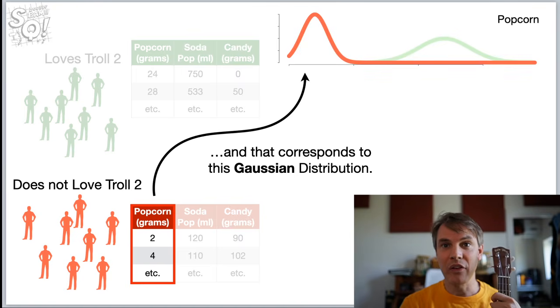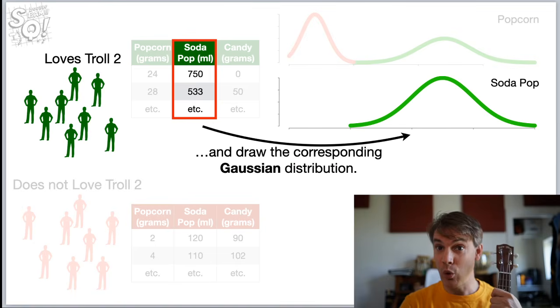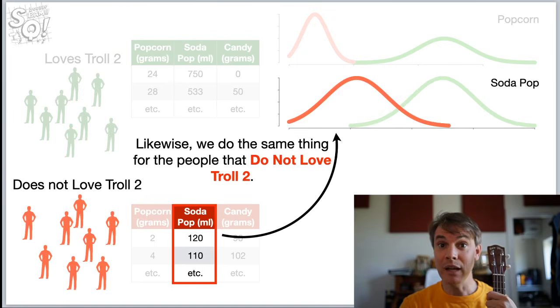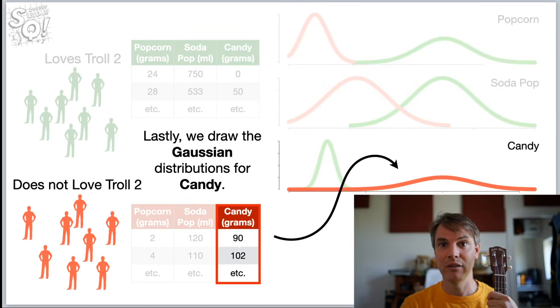And that corresponds to this Gaussian distribution. Now we calculate the mean and standard deviation for soda pop for people that love Troll 2 and draw the corresponding Gaussian distribution. And then, likewise, we do the same thing for people that do not love Troll 2. Lastly, we draw the Gaussian distributions for candy.